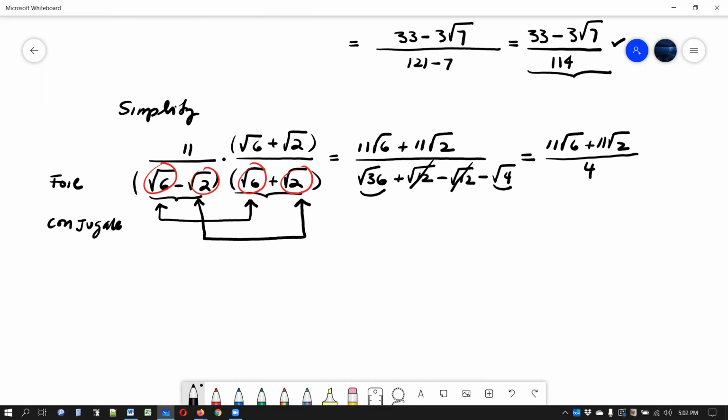And that's my final answer. Okay. This is where we stop. There's nothing more that we can do here. So again, at the end, if your work is correct, this number here will not have a radical associated with it.